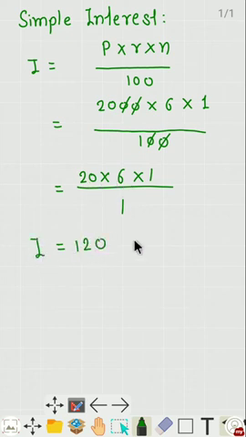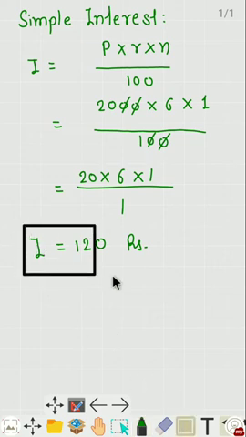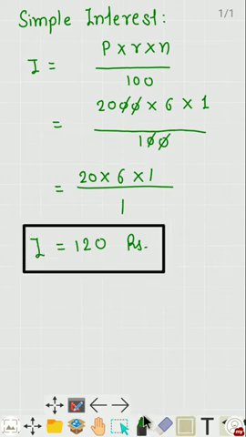So this is the simple interest of rupees 120 which we get after 1 year. But I want to find the amount which we get after 1 year.